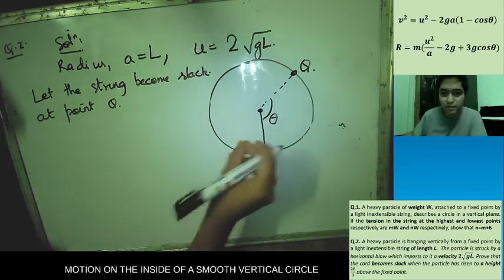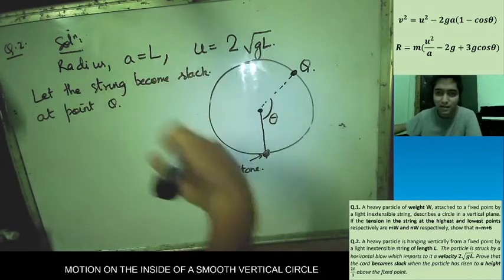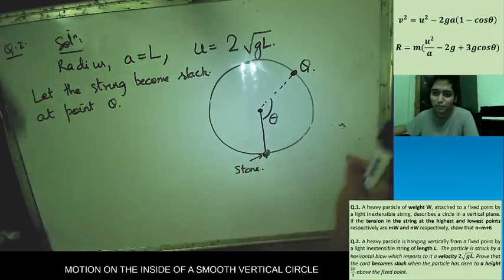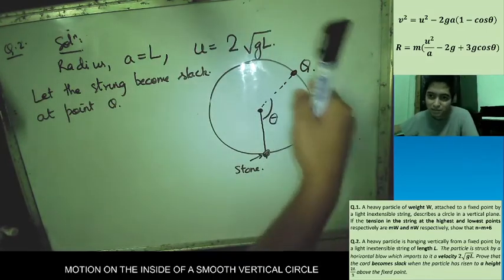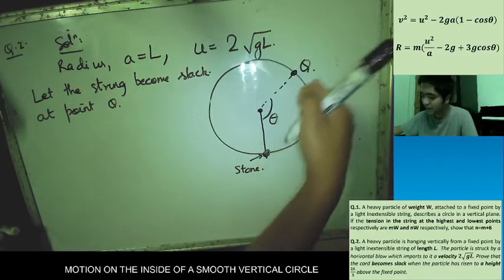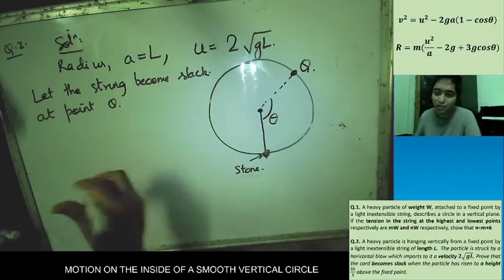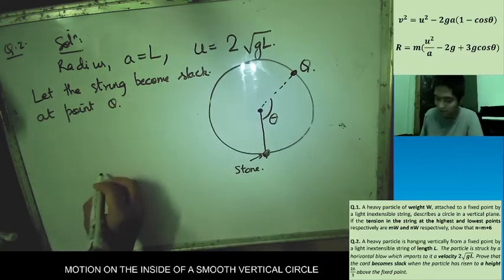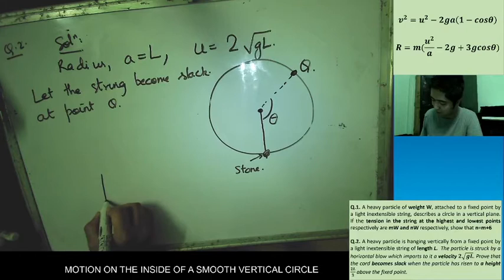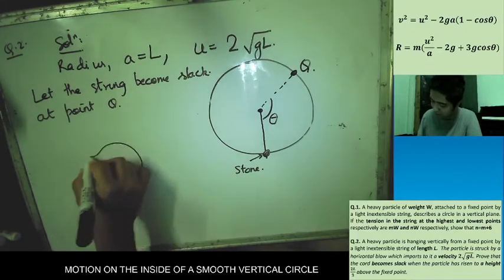Because if you are swinging a particle like this, if you swing it forcefully enough, that is with a very large velocity, then the string will never become slack. But sometimes you may give it a very small velocity, so it will happen to be like this.